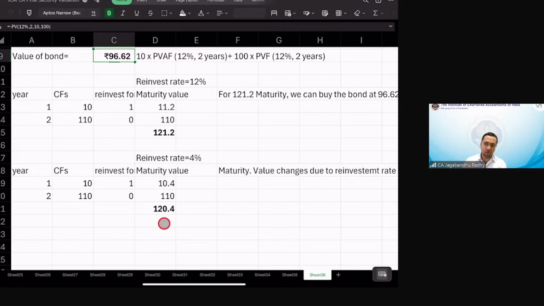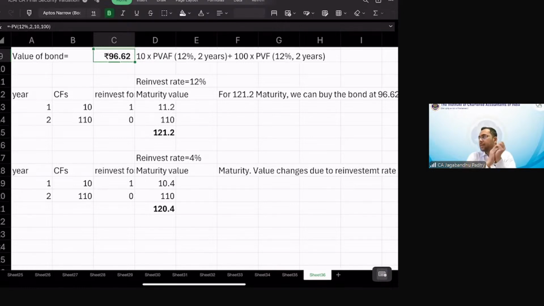Is it certain that I'll always receive 121.2 irrespective of whatever may happen in the market? No, because reinvestment risk is what you are carrying. Right? So what could be the other alternative? What can you think of? How do we safeguard ourselves from this reinvestment risk?